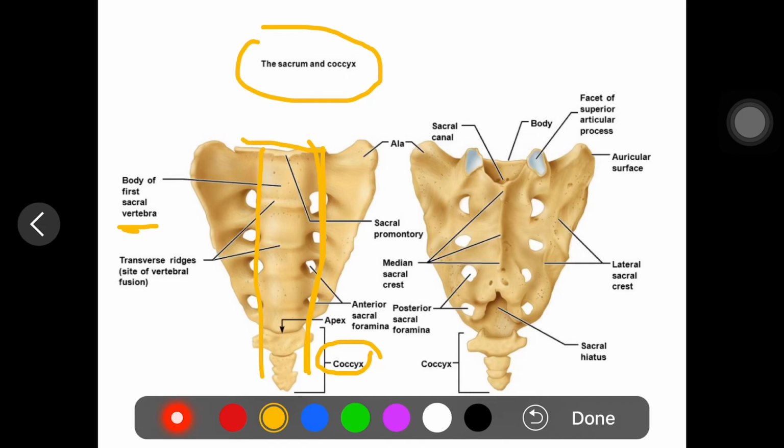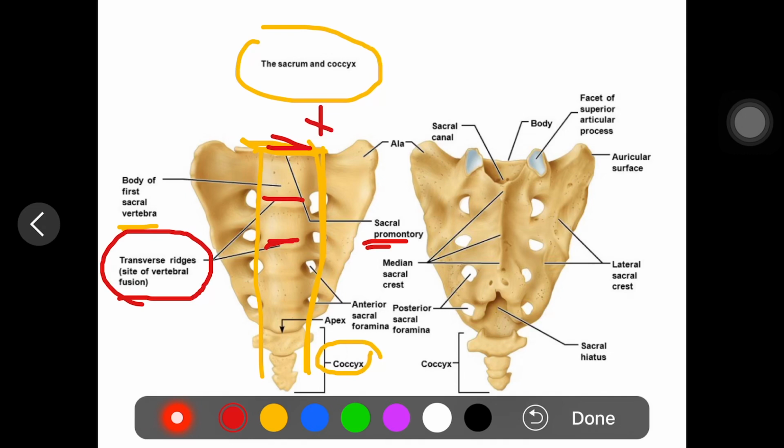First, at the start of the vertebra, we have this line, the sacral promontory. Then this, not called a promontory, is called the transverse ridge, the site of vertebral fusion, where the vertebrae join to each other. Beside this is what's called the sacral promontory, the start of the sacrum.